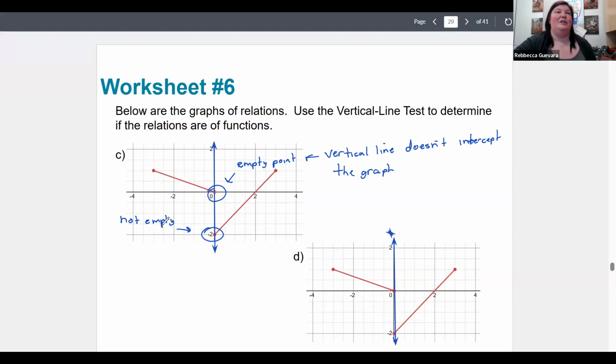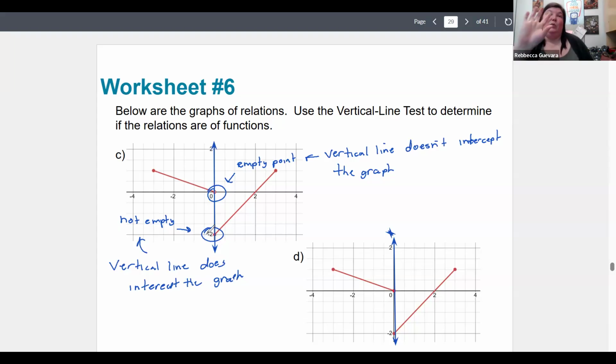It intercepts the graph here, where it's not empty. Basically, at this point, it misses it. There's nothing there, but it hits something here. But it only intercepts one, which is okay because I don't want to intercept more than one. This is a function.